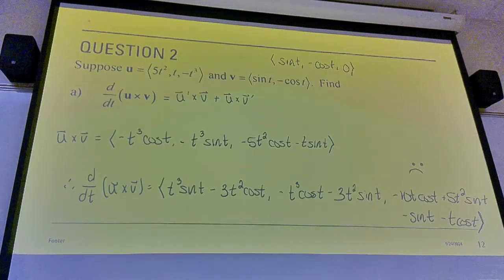Oh, that doesn't matter. I might actually rewrite it and do that.